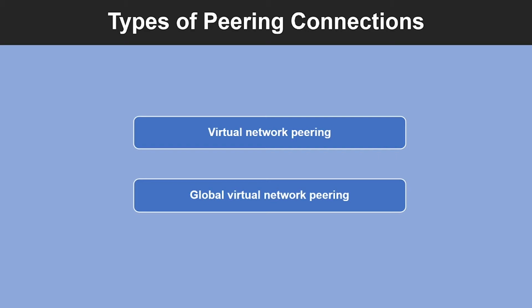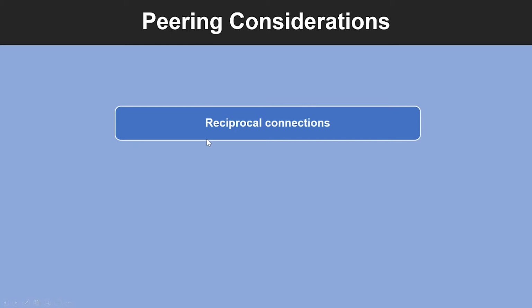But when you use virtual network peering, consider reciprocal connections, cross-subscription virtual network peering, etc. So, what is this consideration of reciprocal connections? When you create a virtual network peering connection in only one virtual network to connect to a peer in another network, you are not connecting the networks together.